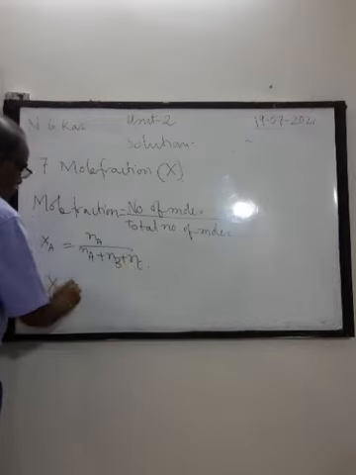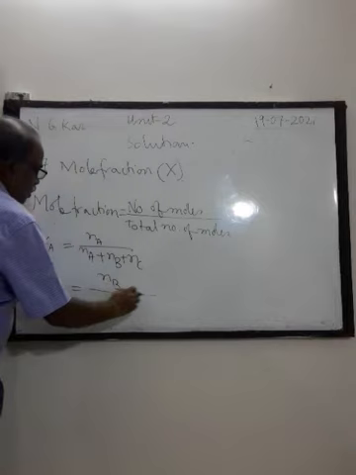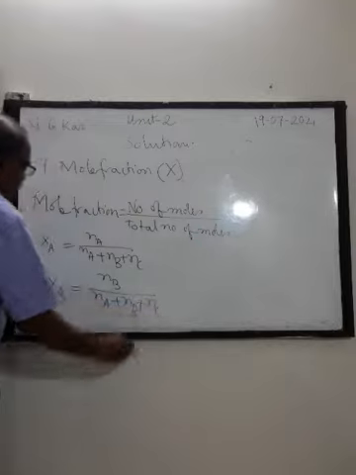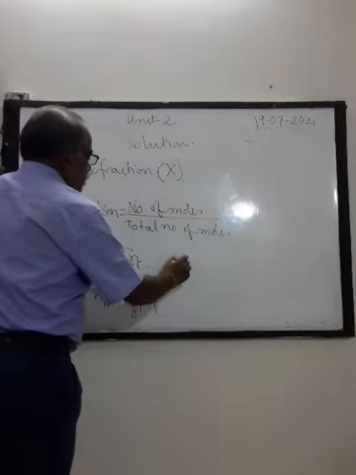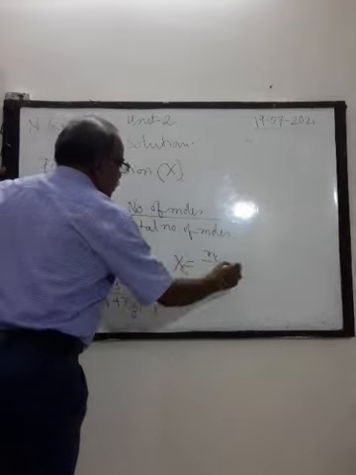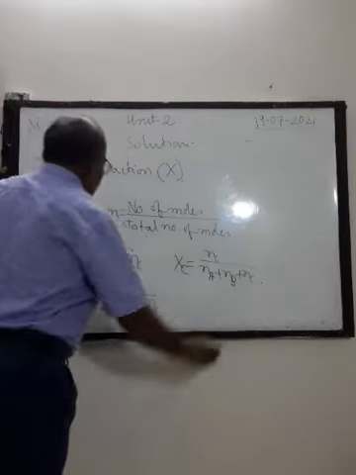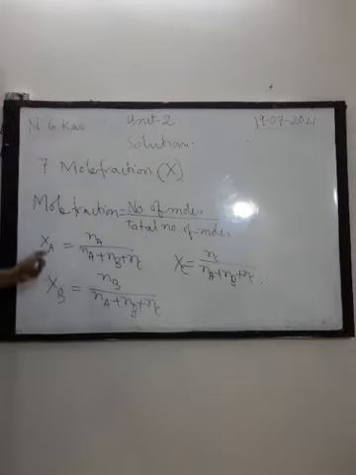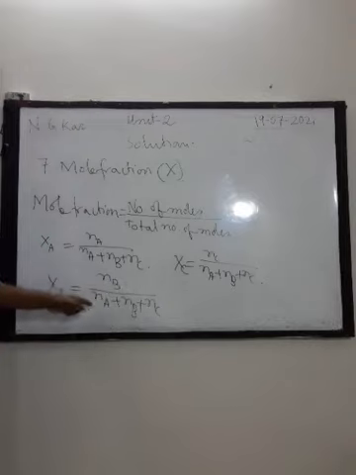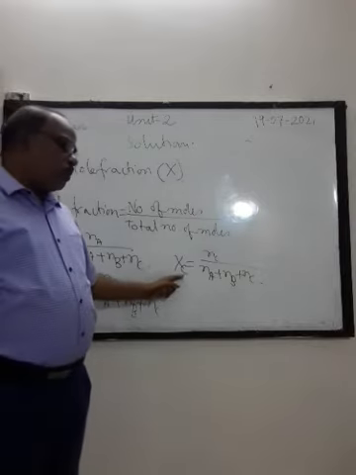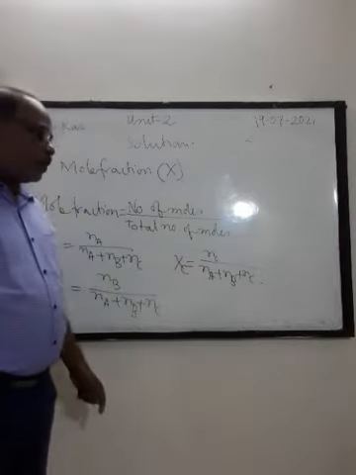Similarly, mole fraction of B, number of moles divided by total number of moles, and similarly mole fraction of C equal to number of moles divided by total number of moles. So mole fraction of A equal to number of moles of A divided by total number of moles. Mole fraction of B equal to number of moles of B divided by total number of moles, and also mole fraction of C equal to number of moles of C divided by total number of moles.